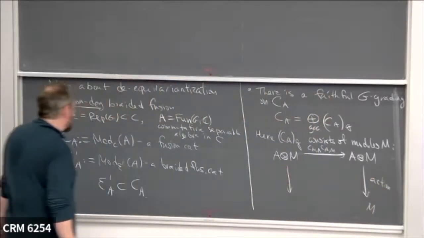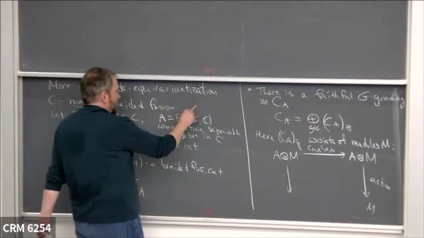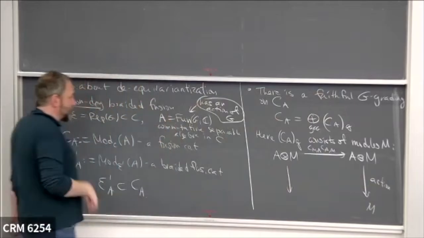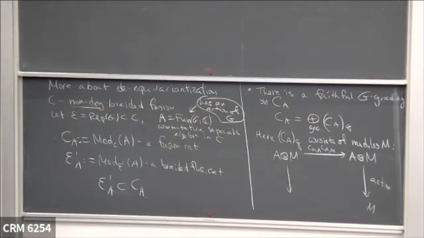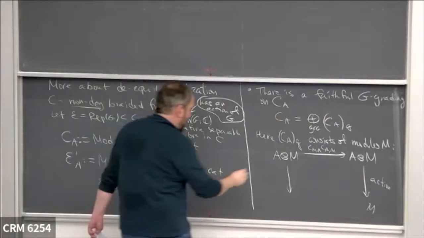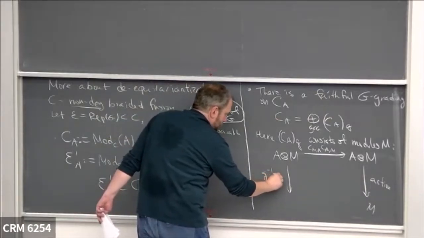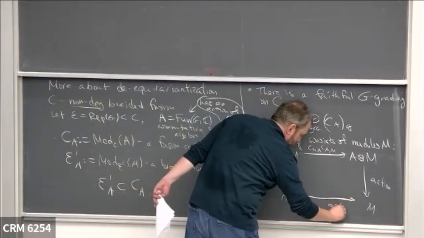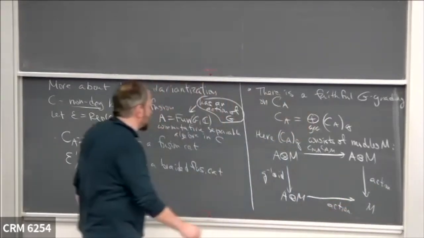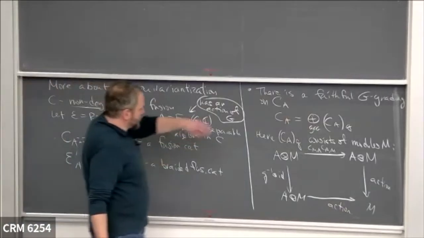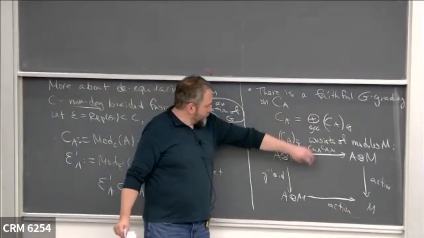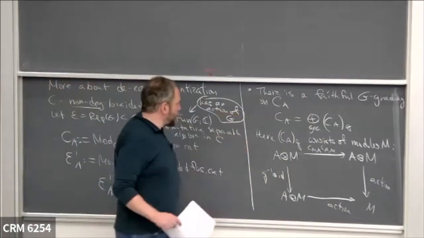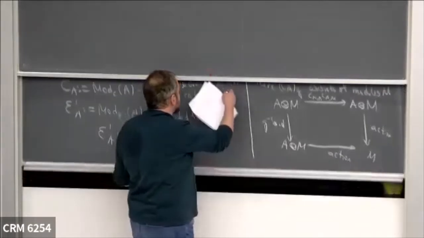Remember, this algebra A that we constructed has an action of G by translations. This action transfers to an action on the module. So you can apply here a g inverse tensor identity, and then apply the module action. The fact is that every simple module falls into one of such components, and you have a grading defined by this.